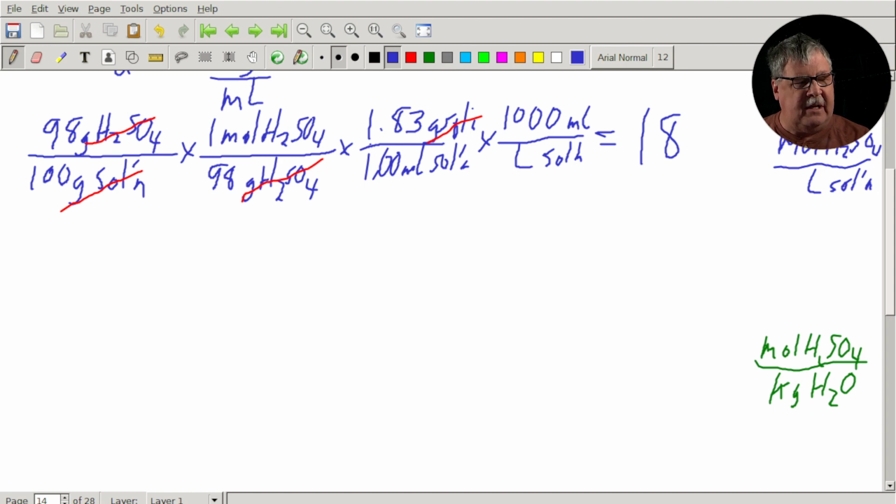So that's how we change percent by mass to molarity. We can't do that calculation without knowing the density of the solution. And in the context of a problem like this, all you have to do is take the specific gravity and change the units to grams per milliliter.